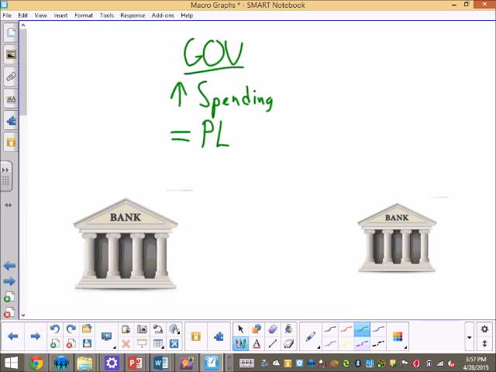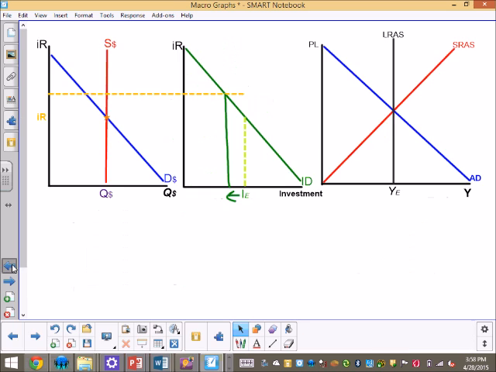You can't say, tell the Federal Reserve to sell bonds. No, no, no. Just fiscal policy. Decrease taxes. Okay, if they decrease taxes, that means people would have more spending money.